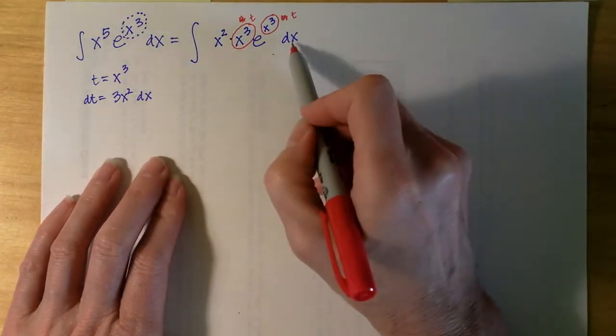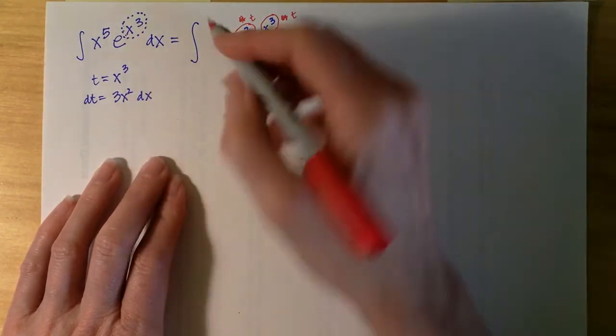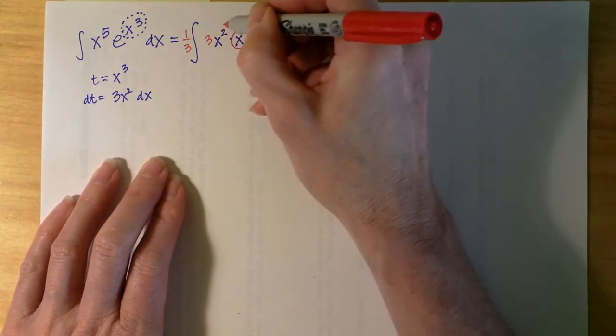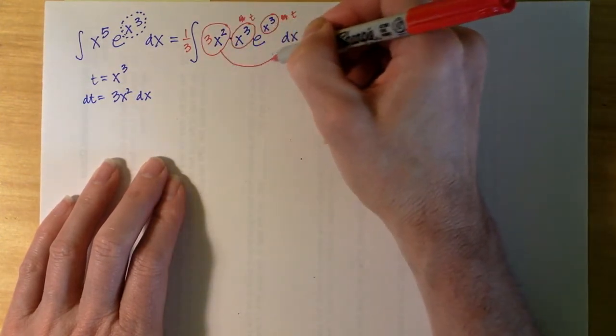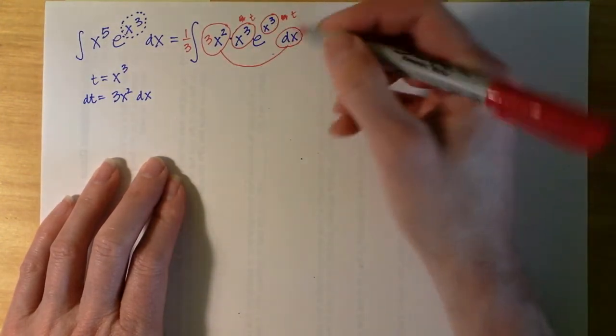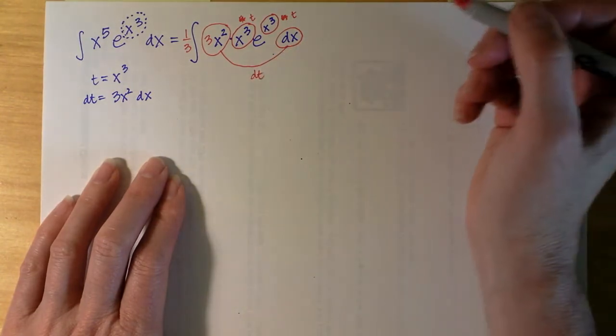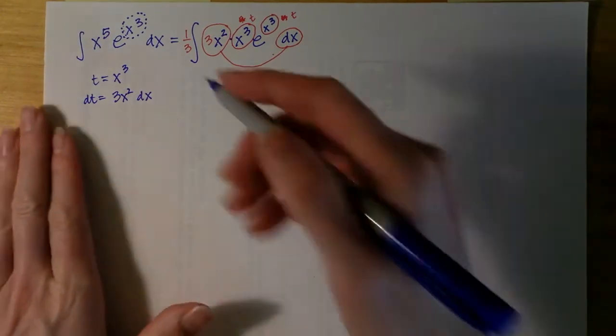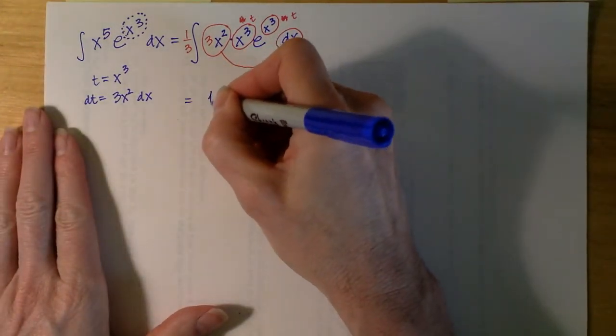And then this thing and this thing together make up dt. All I need is a 3, so I'll stick it in there. And then this thing and this thing together make up dt, right? Okay, and then after I make all of those substitutions, I get an integral that looks like this. 1/3.